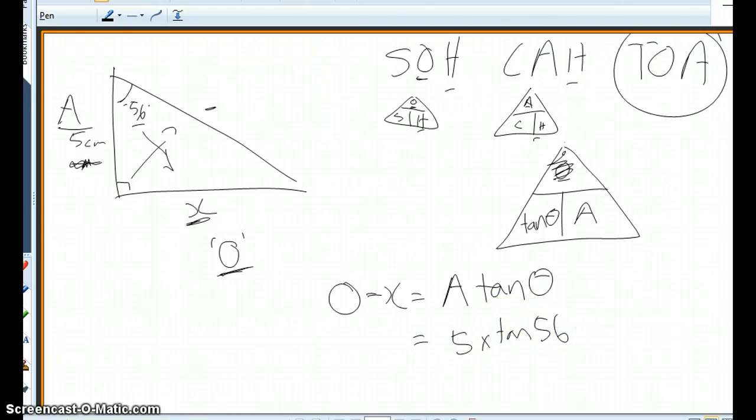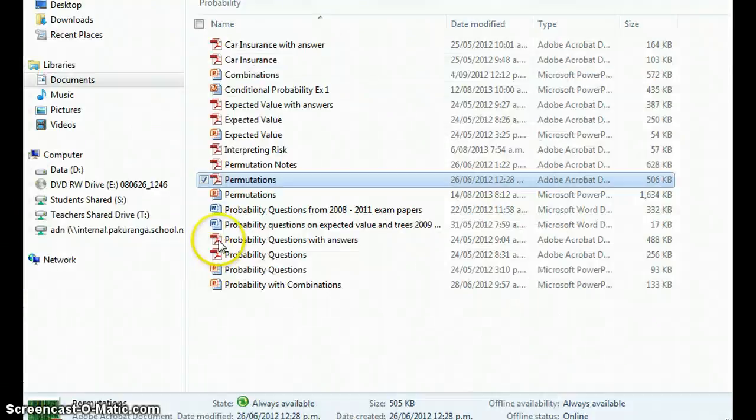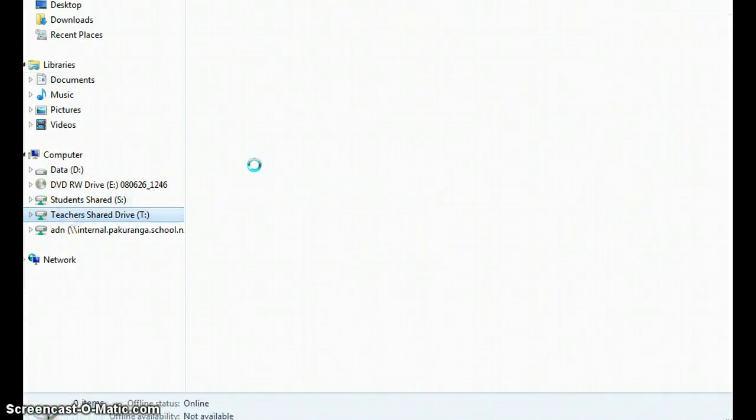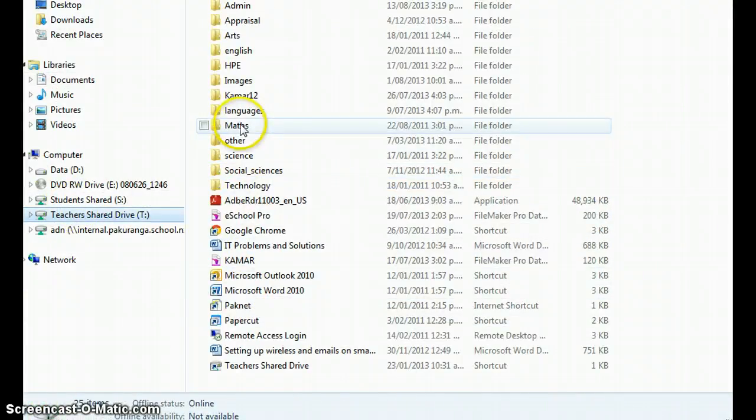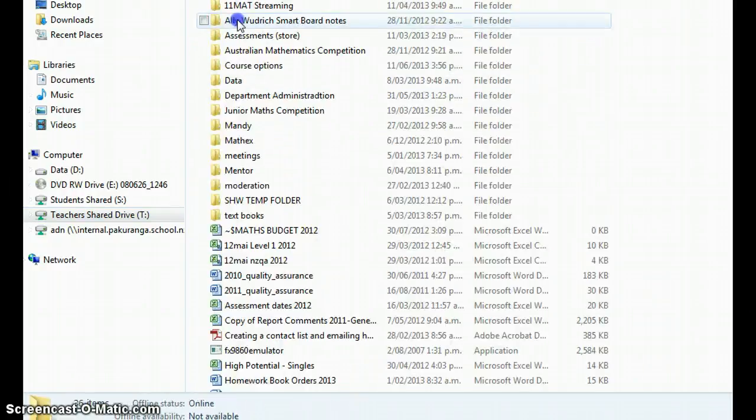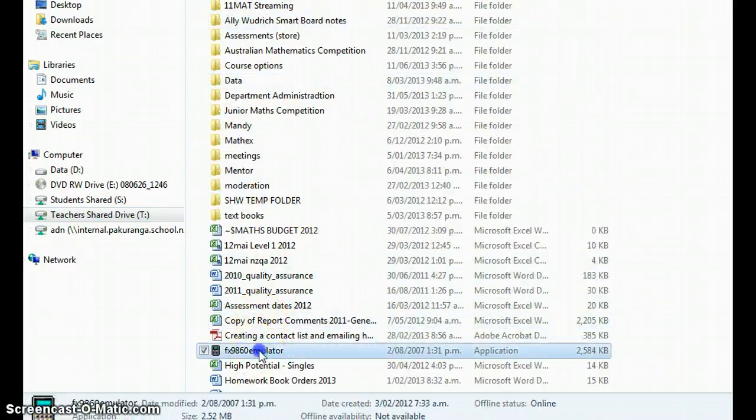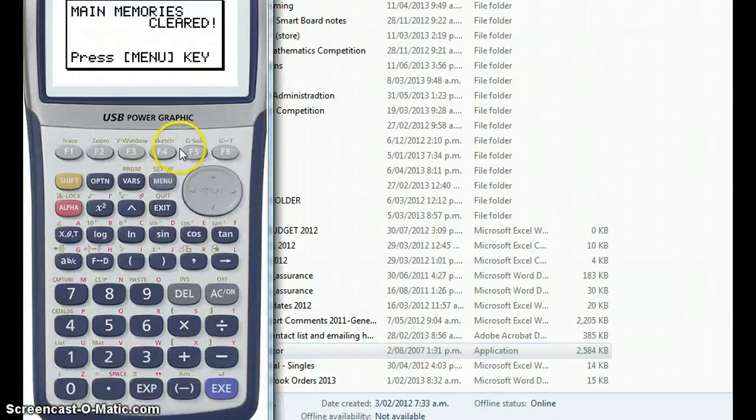And then on the graphics calculator, I need a shortcut for this.